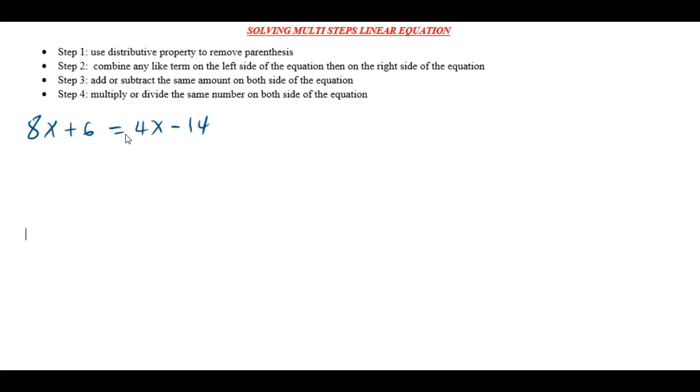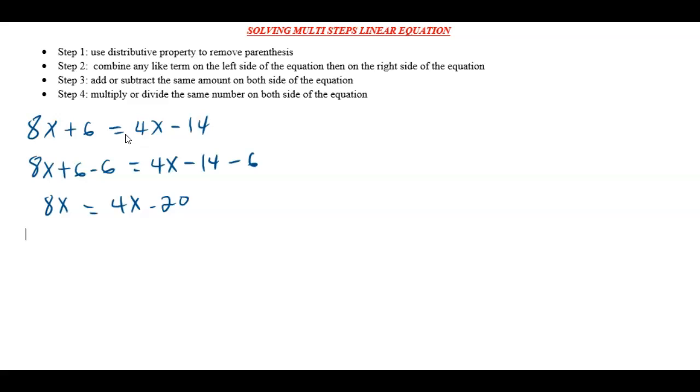So we got 8x plus 6 minus 6 equal 4x minus 14 minus 6. 6 minus 6 is 0, so we got 8x by itself here. And 4x minus 14 minus 6 is minus 20. Remember, they're both negative, so you're going to add and you keep the sign.